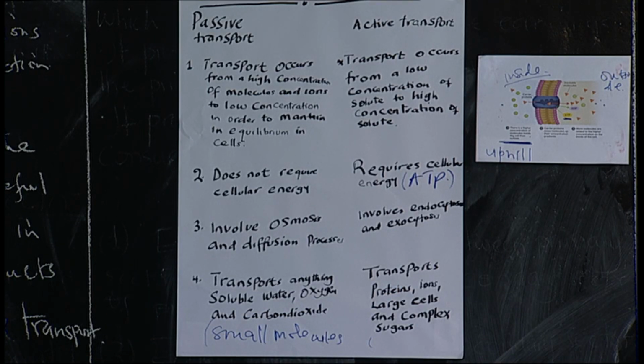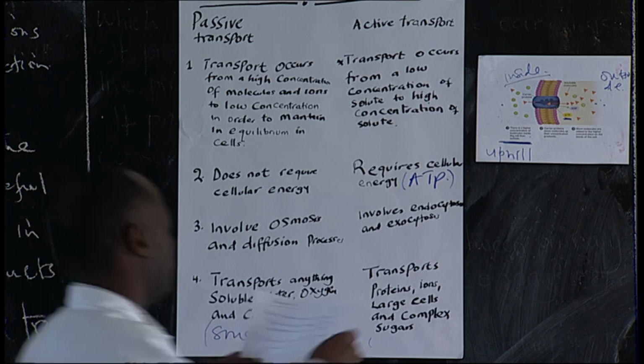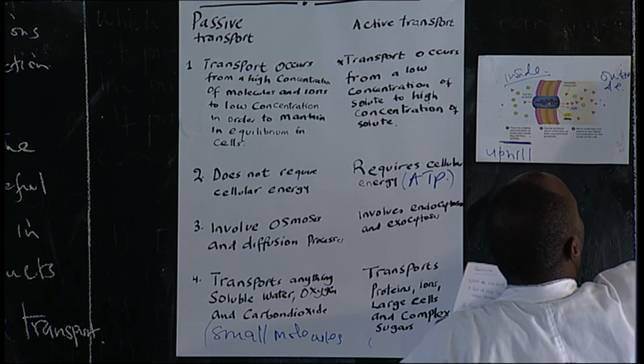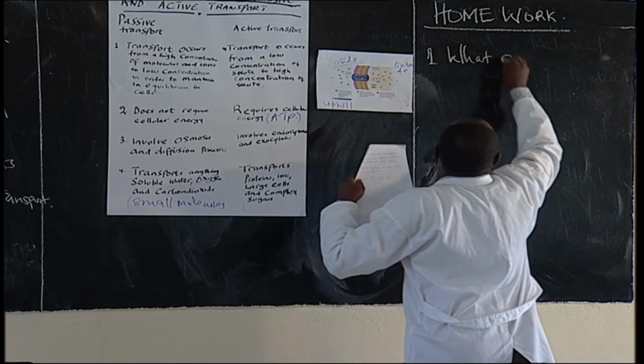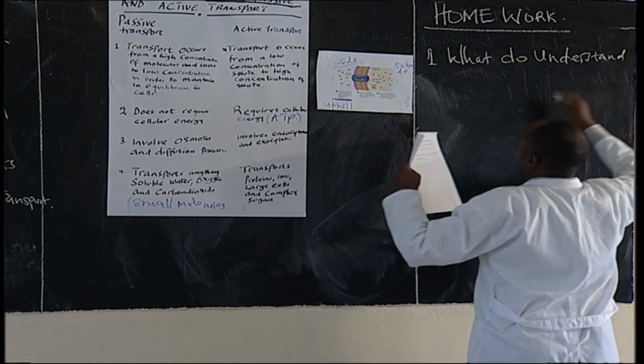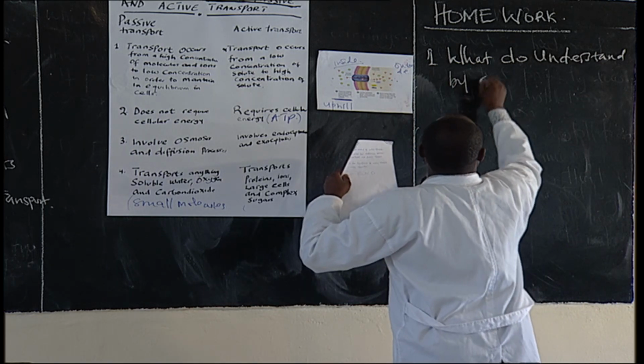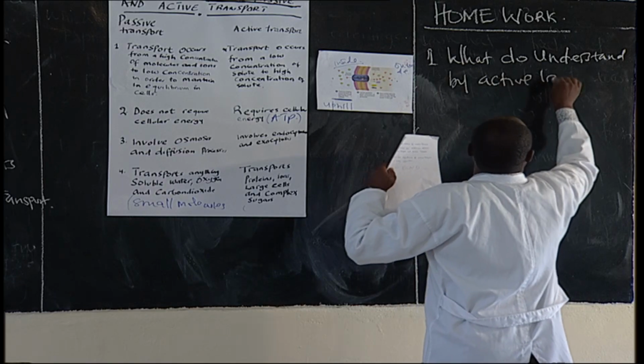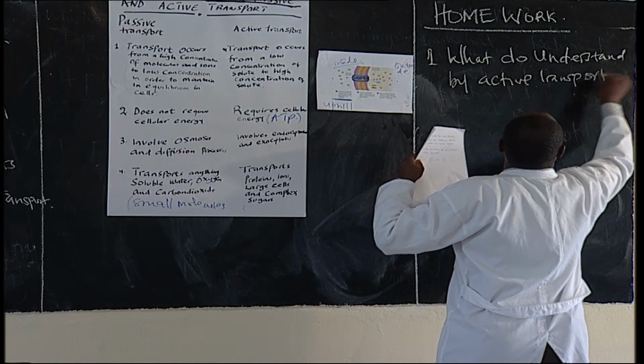So let's have some home assignment. This is the home assignment. Number 1: what do you understand by active transport?